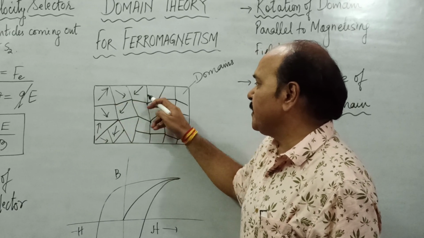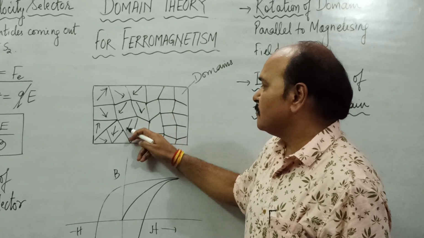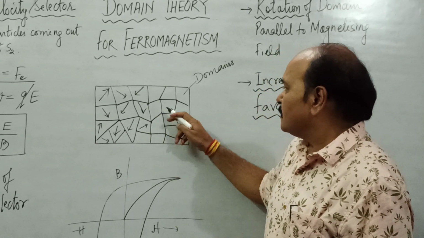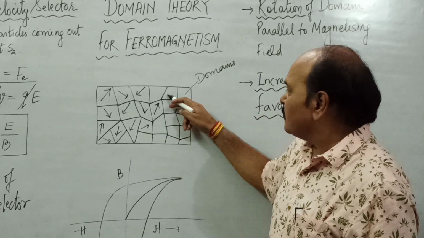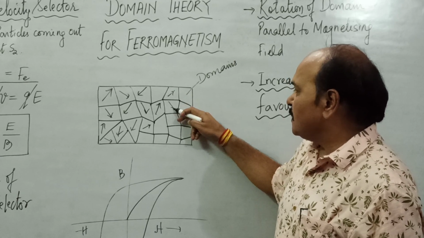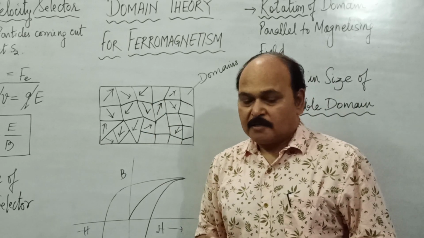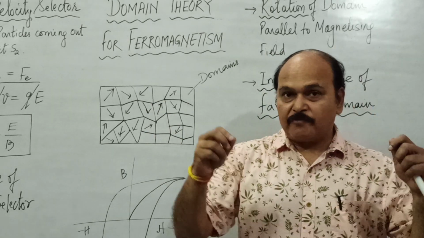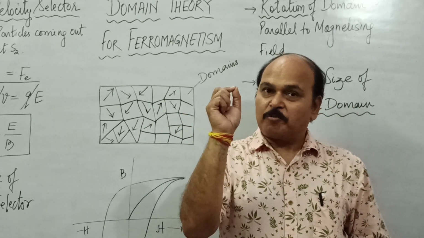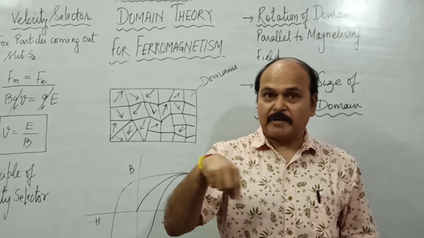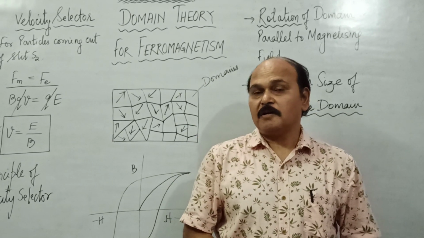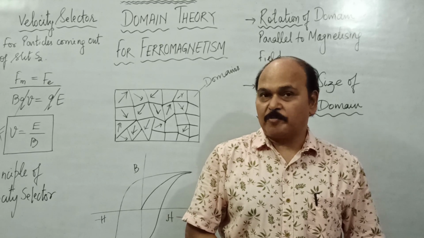That particular direction may be any. So how is it that the dipole moments are in a particular direction in every domain? Well, we know that a ferromagnetic substance is made up of an infinite number of atomic magnets, and these atomic magnets are because of the revolution of electrons around the nucleus in circular orbits.